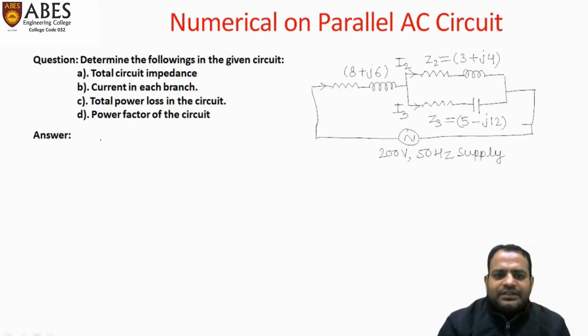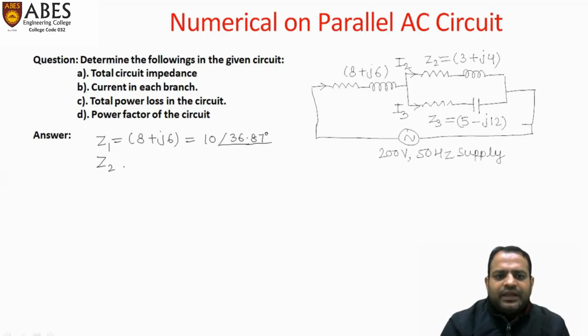So we have Z1, 8 plus J6. We are converting this into polar form, which is 10 angle 36.87 degree by using calculator.